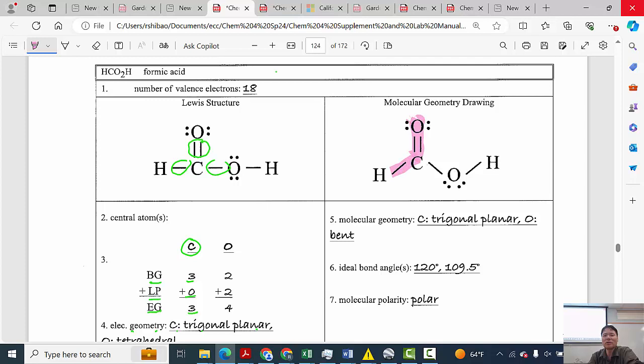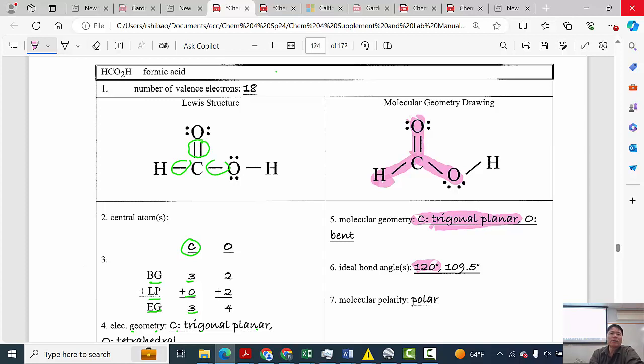So when we look at the bonded atoms here, what is the geometry of the bonded atoms? Trigonal planar also. And so that's what they have here. It's trigonal planar around the carbon. And it's trigonal planar electron geometry as well. The ideal angle is 120 degrees.